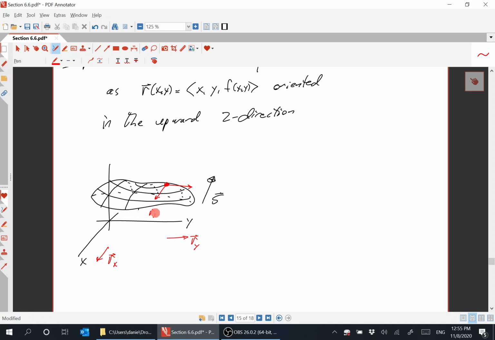Right, that's rx, this is ry. So the one that points in the upward direction is rx cross ry, because the right-hand rule curls your fingers in the direction from x to y.